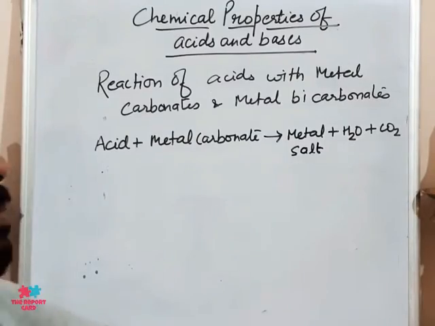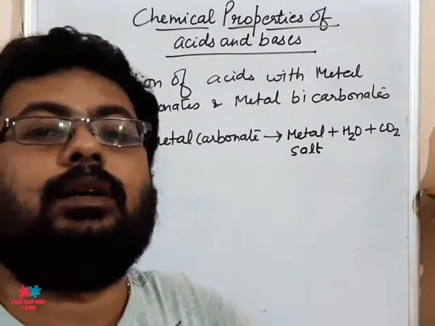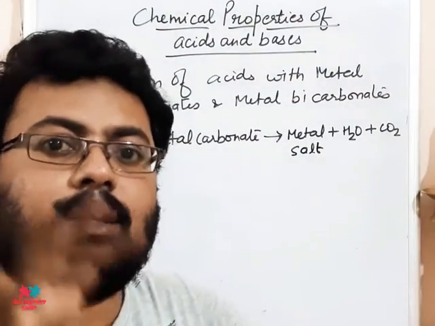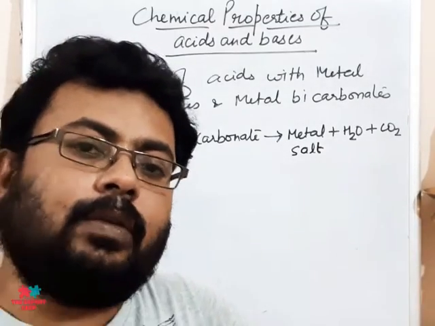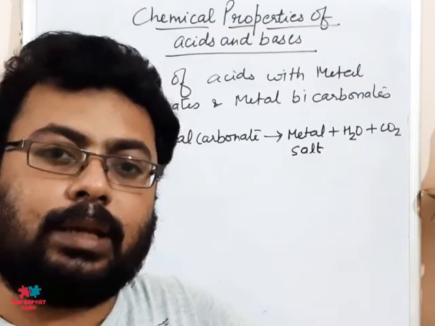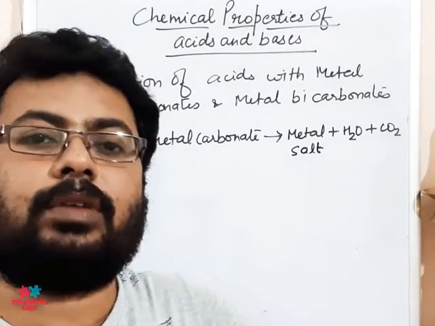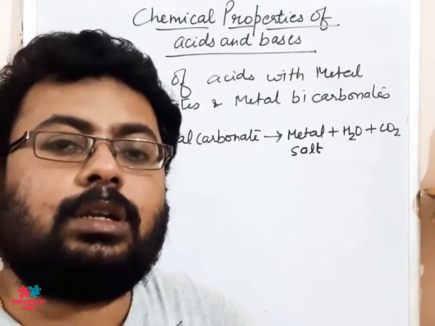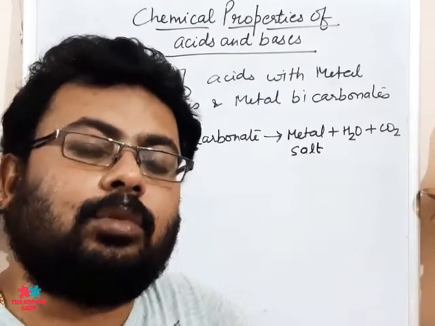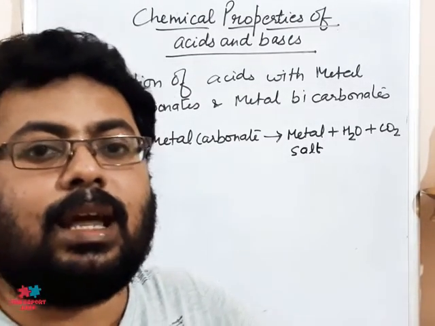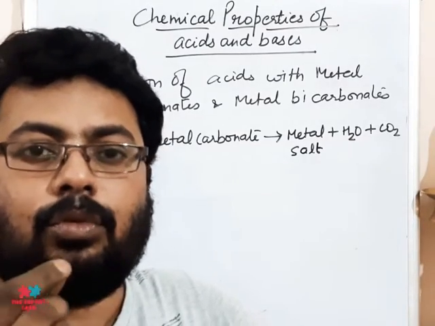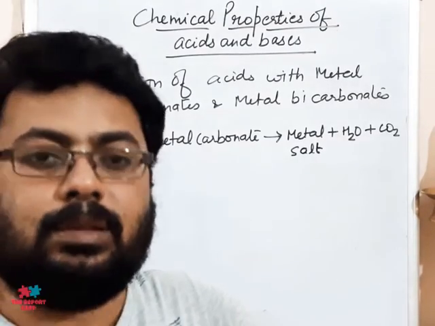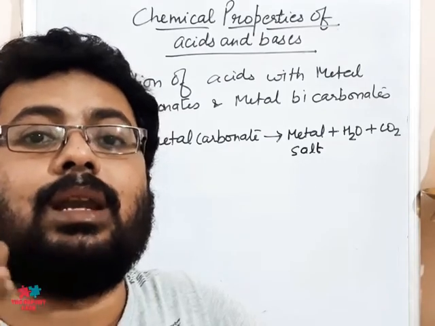Lime water is calcium hydroxide, an aqueous solution of calcium hydroxide. When you pass carbon dioxide through it, calcium carbonate is formed. This calcium carbonate is insoluble in water. Therefore, it appears as a white precipitate. That is what we call milkiness.